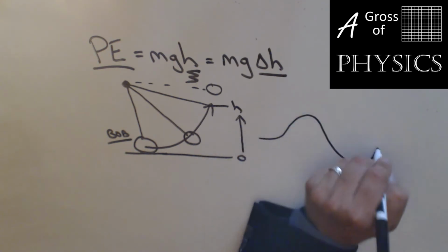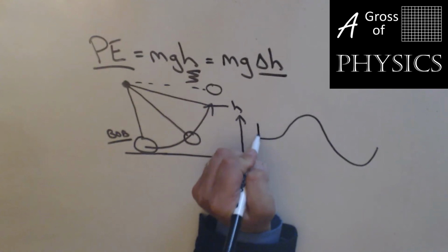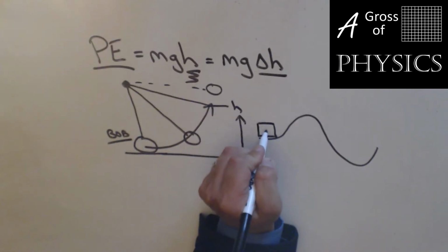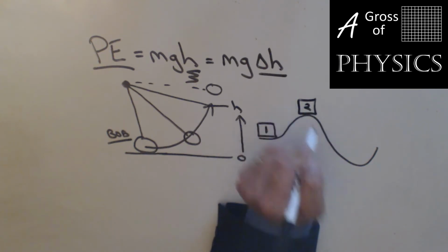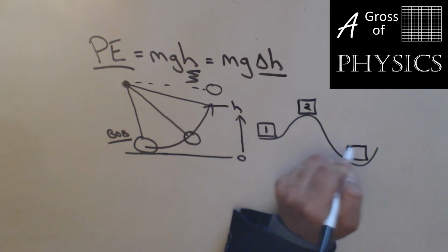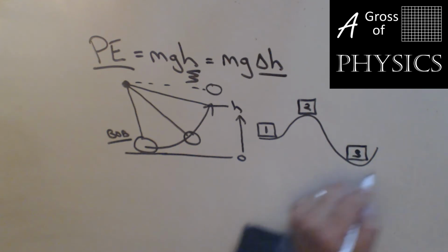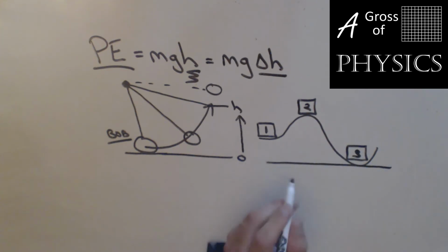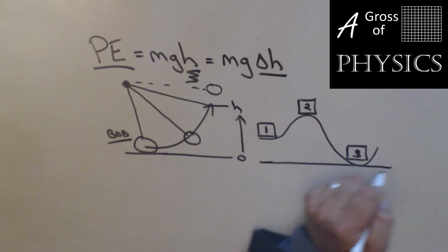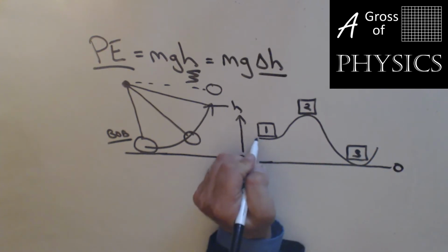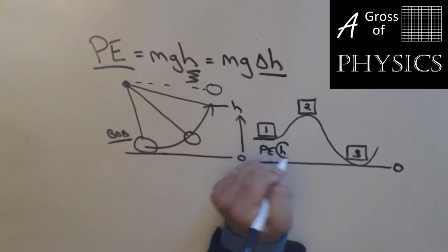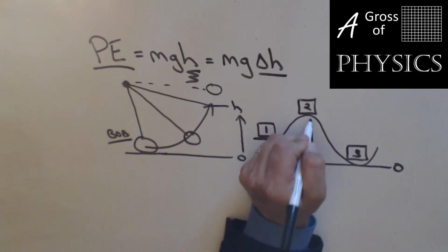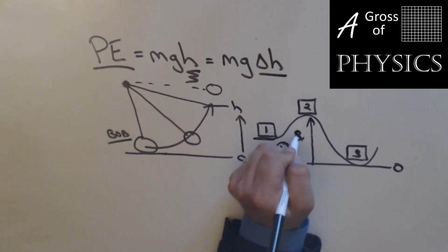Even when dealing with a problem in class, what we may deal with is a situation where an object goes from point 1 here up to point 2 and then down to point 3. Well, what I often do is I'll call the bottom of the entire problem our 0. So at point 1, it's going to have some potential energy because it has a certain height. At point 2, it's also going to have potential energy.